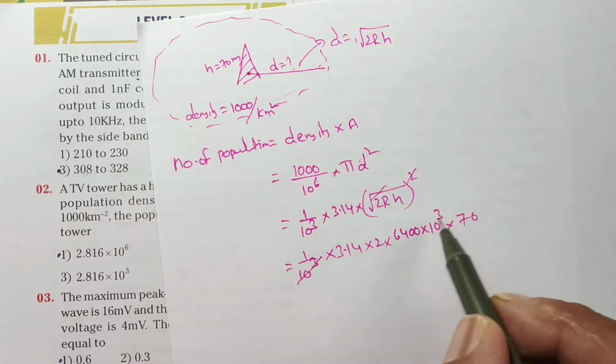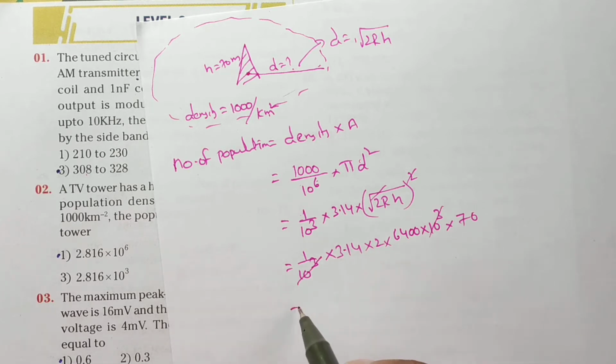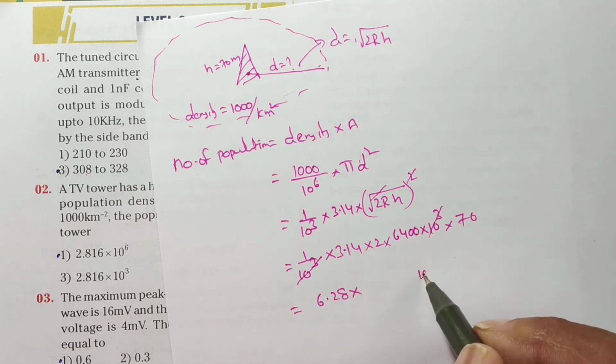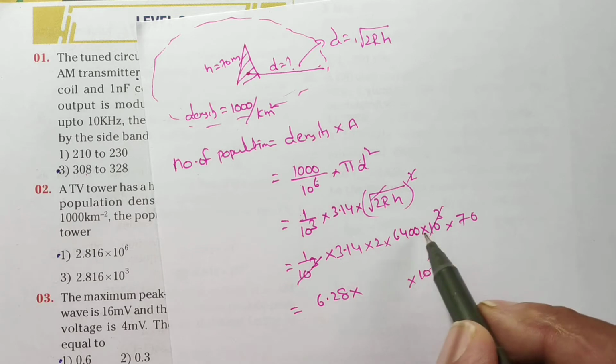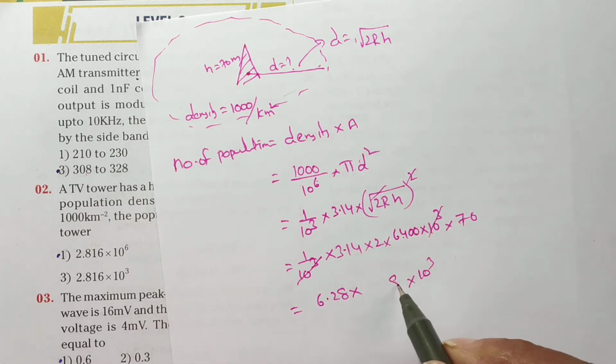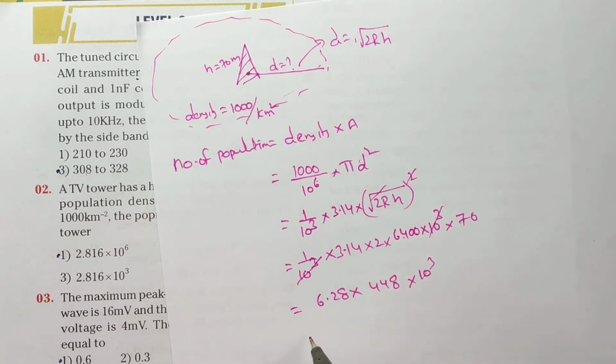Now 10 to the power of 3 and 10 to the power of 3 get cancelled. 2 into 3.14 is 6.28, into 64 into 7, and multiplying we get 2816 into 10 to the power of 3.